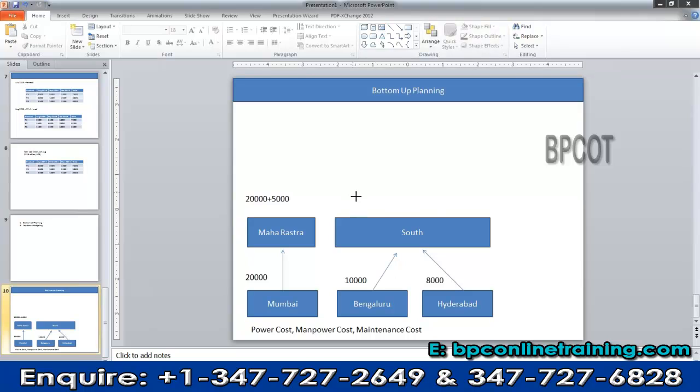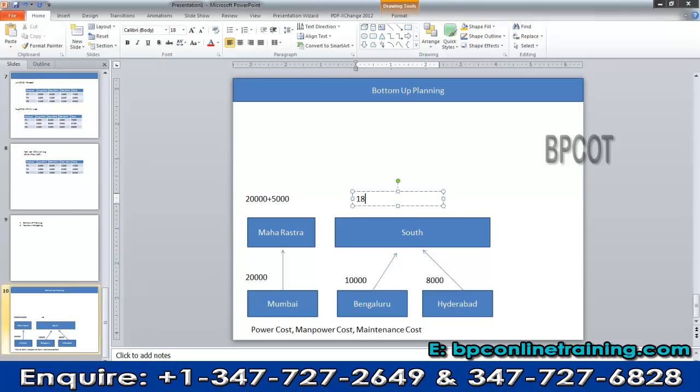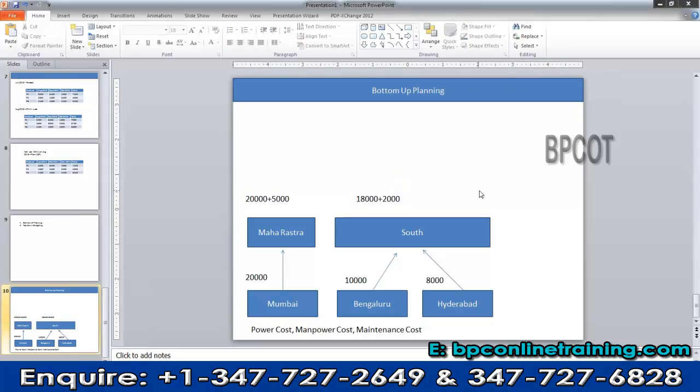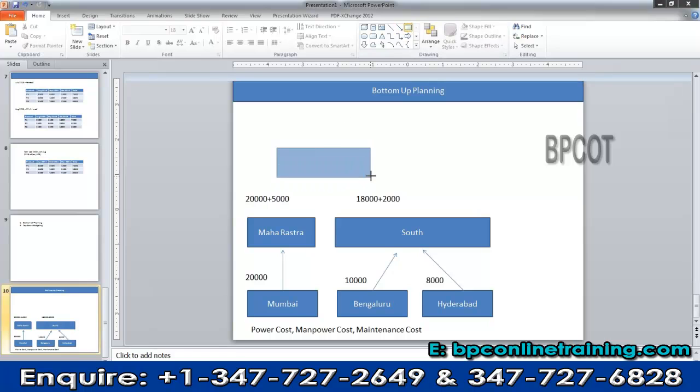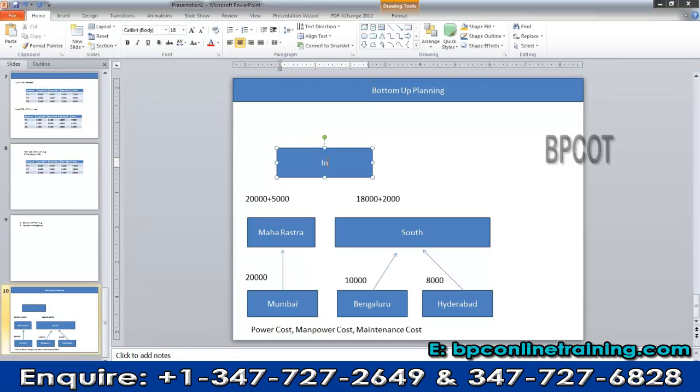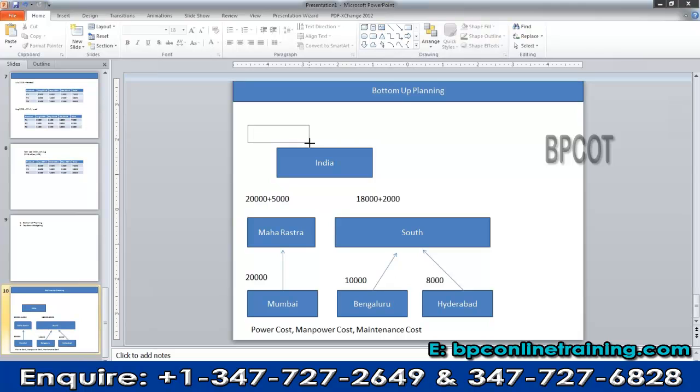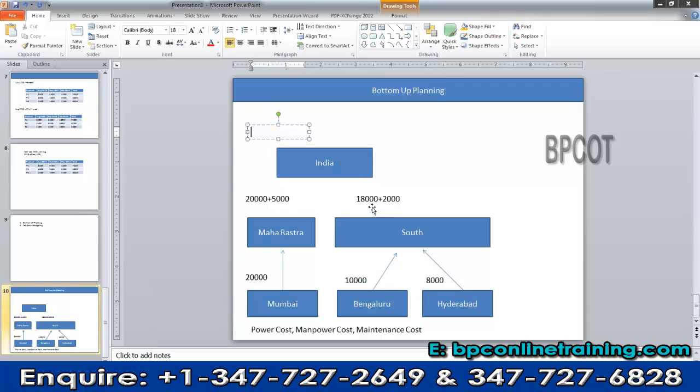Same way, South estimated cost is 18,000 plus South's own cost is 2,000. That is 20,000. Correct. So Maharashtra and South come under India as a corporate. They are reporting to India. So India level, what is the cost? This is 20,000 plus 25,000, which is $45,000.